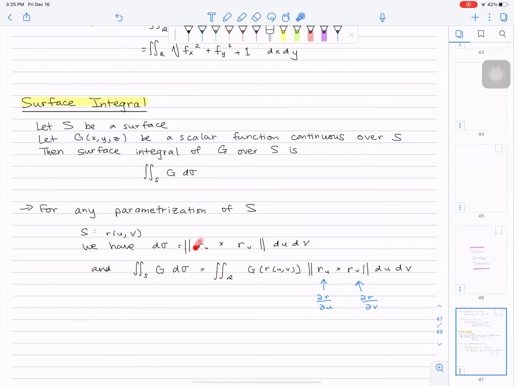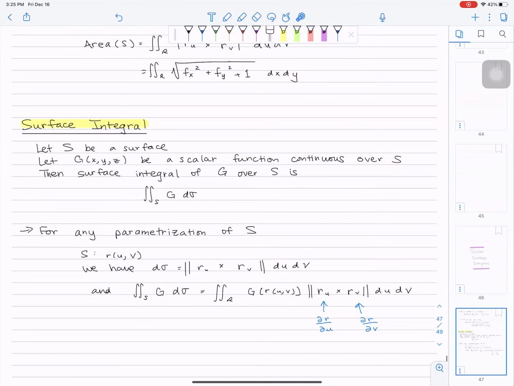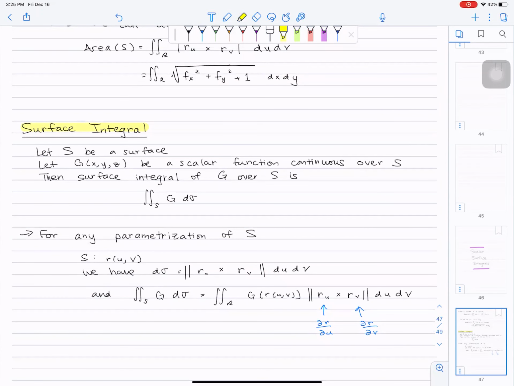Then take the partial with respect to one of your variables, cross product with the partial with respect to the other variable, and take the length of that, and write whatever variables you took partials with respect to, so du, dv. Another formula people sometimes use for surface area elements also usually works. That's the square root of one partial squared plus the other partial squared plus 1.